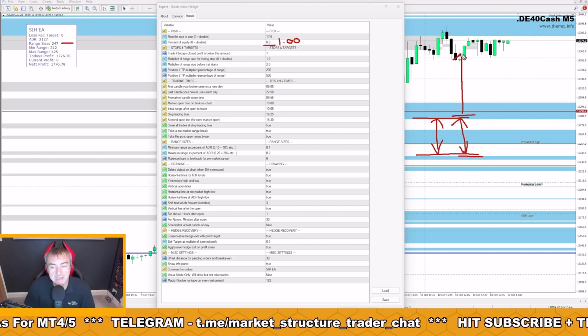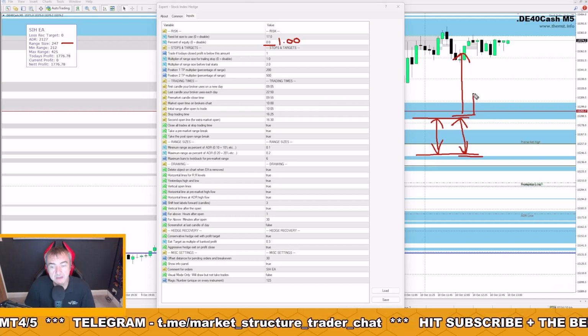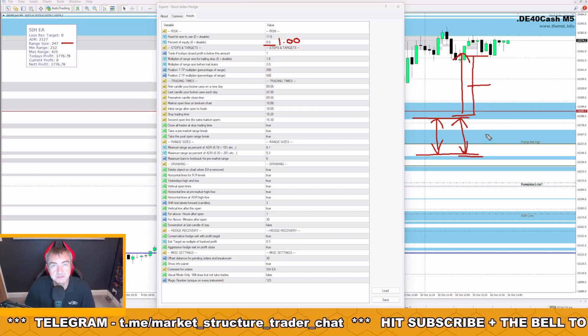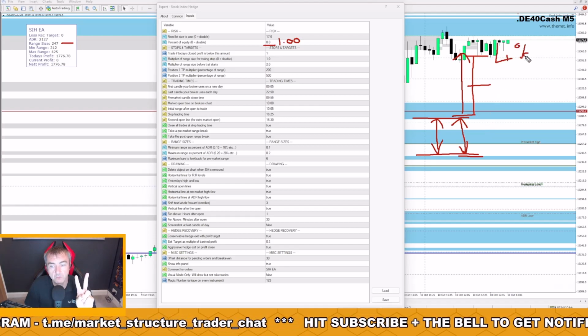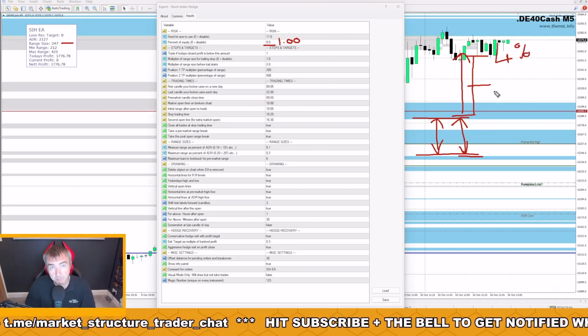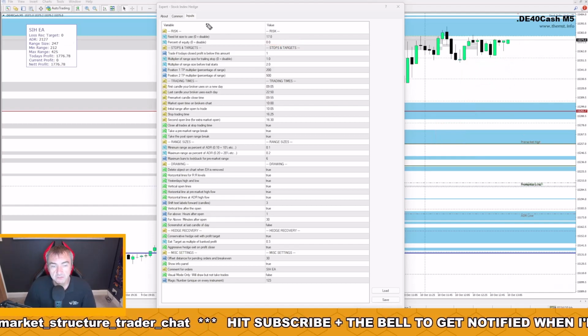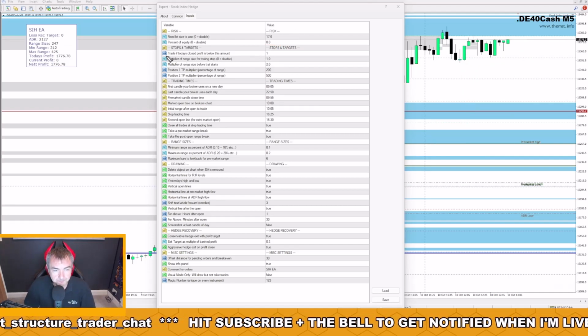Meaning that if we hit 2R, we make 2%. But as we're taking 2 positions, that would be a 4% profit if you close both the positions. So that's what the risk settings do.